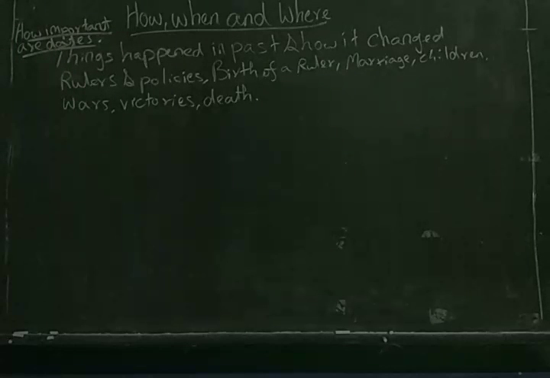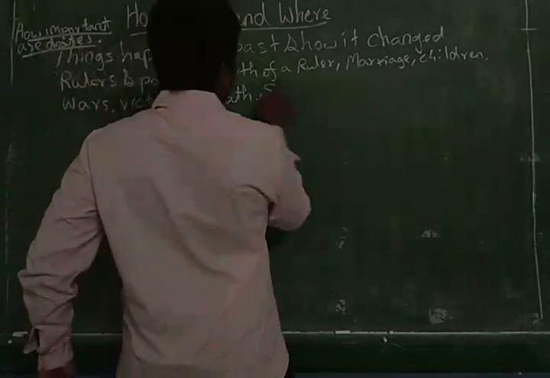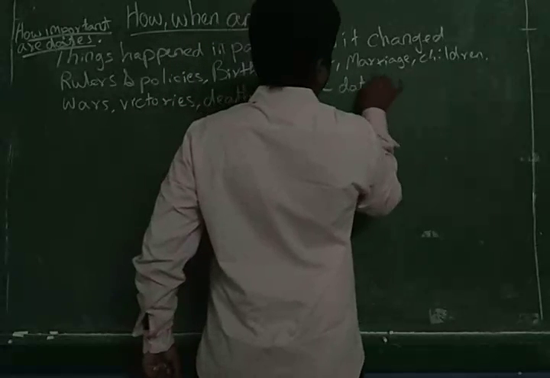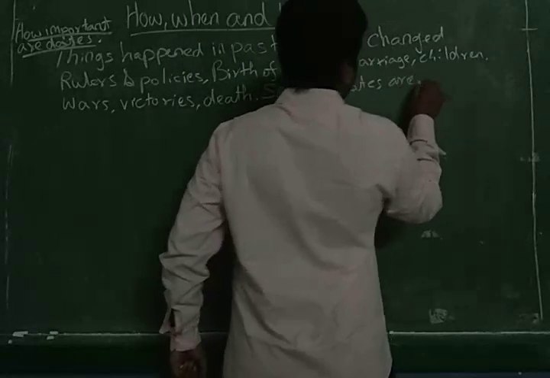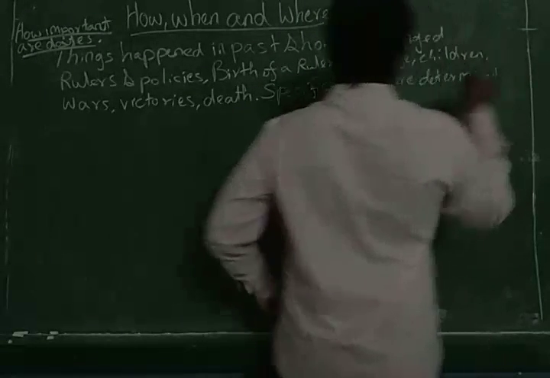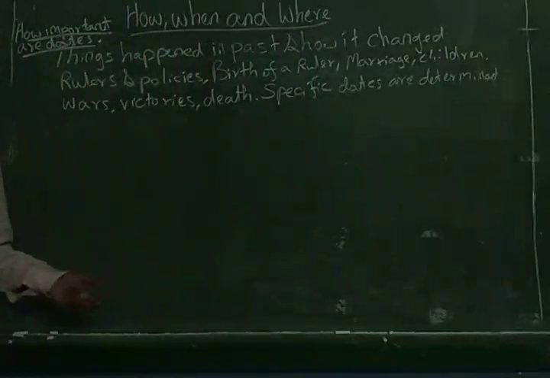Okay, ma'am. So other than this, are we learning anything else, ma'am? Mostly the specific dates of the events are determined, right? Determined. Okay, because without a date we are not able to say that.